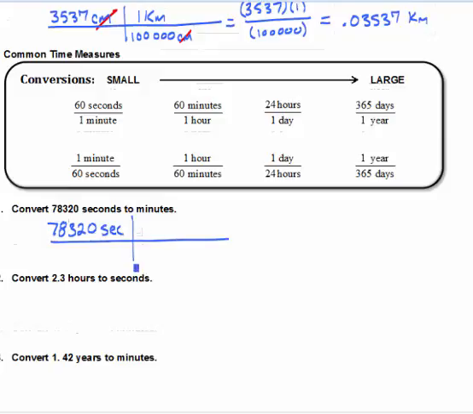all I need to do, just like we've done before, is look for some relationship with seconds in the bottom and minutes in the top, and you can see this right here.